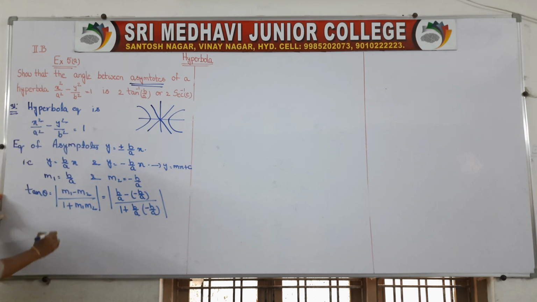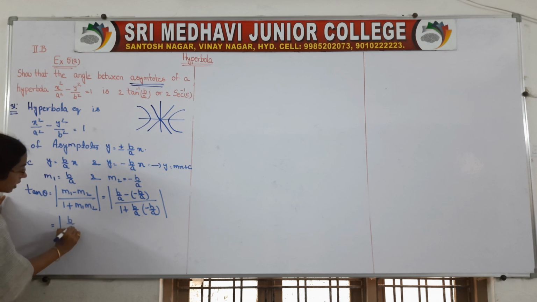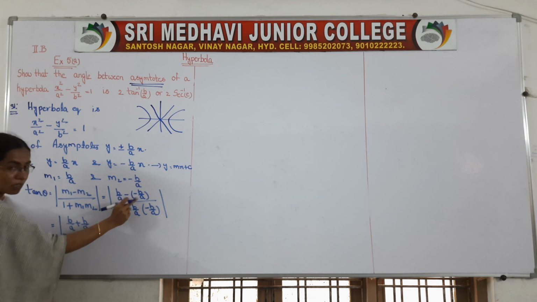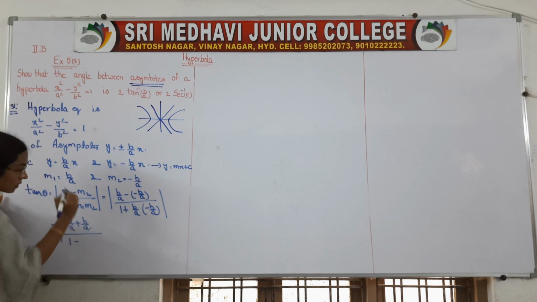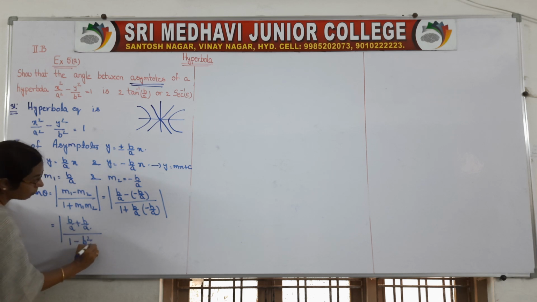Minus of minus is plus, so b by a plus b by a. Downwards, 1 plus of minus is minus, b into b square, a into a square.